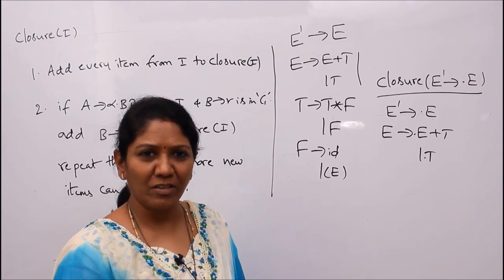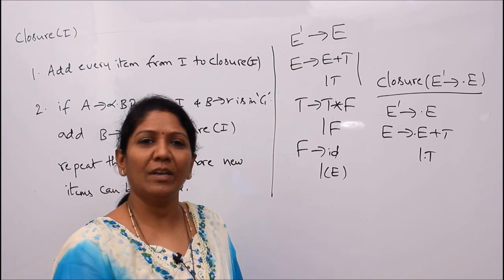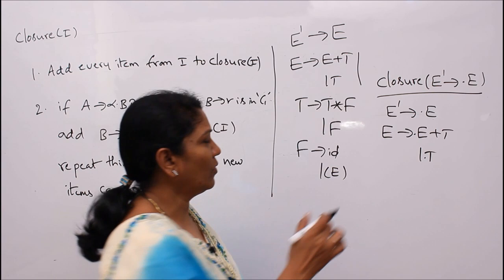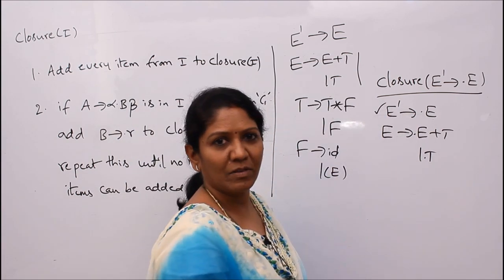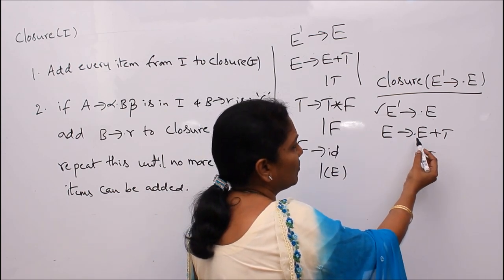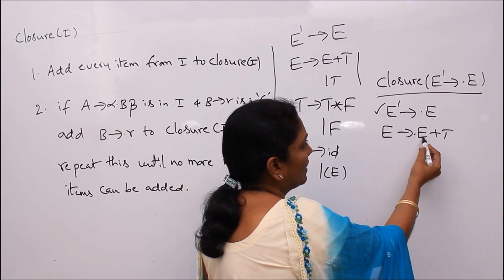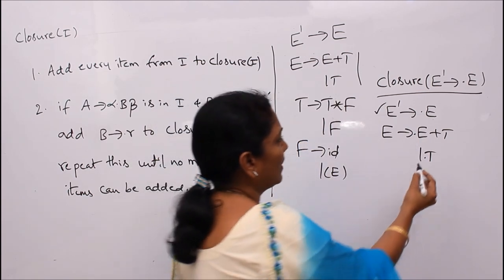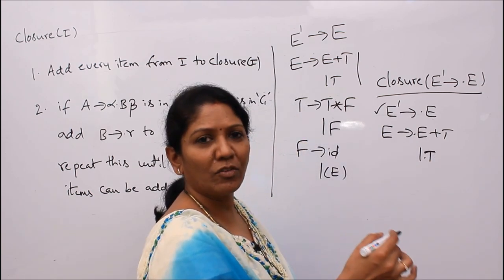Is evaluation over here? No. The rule is recursive. Whenever you add a new item, once again apply this rule. So when we have applied the rule for this first one, these are the newly added items. Even in the newly added items, if you observe the grammar symbol that follows dot, for example here, the grammar symbol is E. For E already we have added, so no need to add anything. Whereas here what you have is T. So because of T, what we should do?